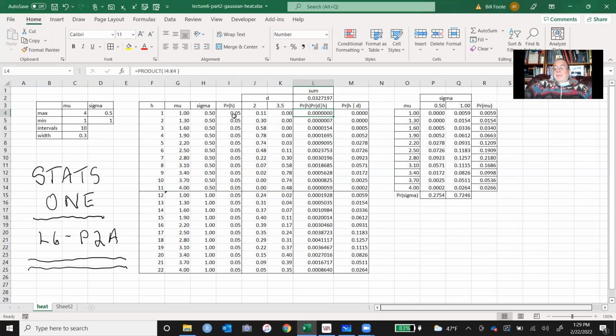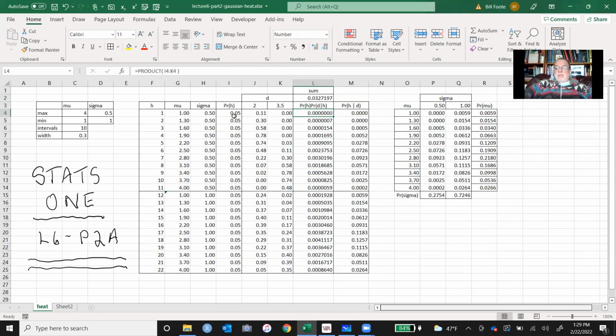In any case, we find these joint probabilities, and we normalize them. We sum them up. The sum actually tells us the probability of all of the data across all of the hypotheses, all 22 hypotheses, which are either or expressions, and either or expressions require us to add the probabilities up.